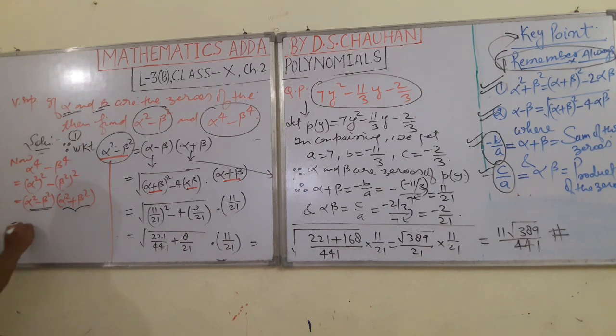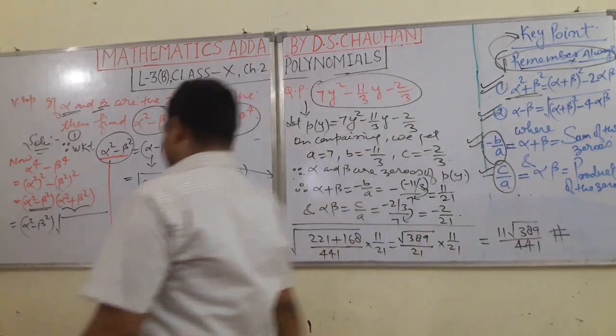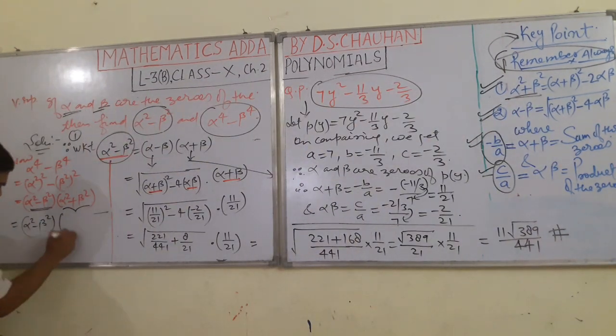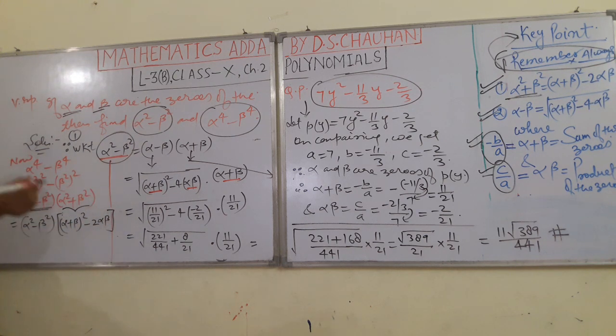And alpha square plus beta square, we know how to find. So we can write alpha square minus beta square, and this is alpha square plus beta square. All of you know the formula: alpha plus beta to the whole square minus 2 alpha beta. Now put the respective values.